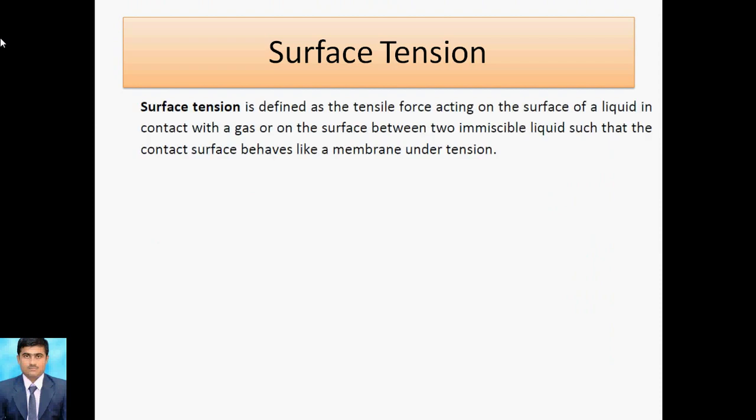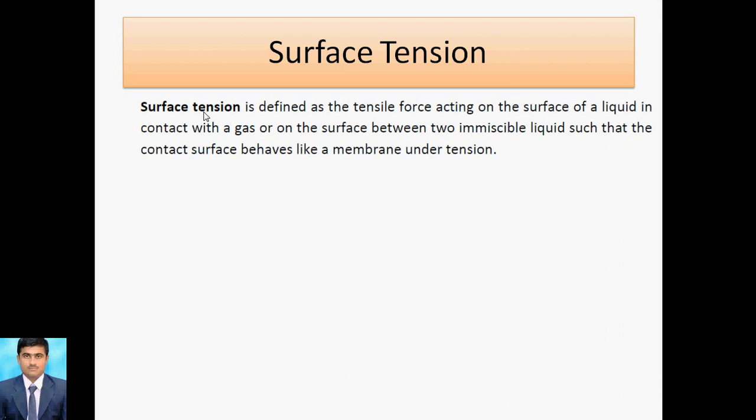As we know, surface tension is nothing but a tensile force acting on the free surface of a liquid. When a liquid is in contact with gases, or is in between two immiscible liquids, surface tension happens.